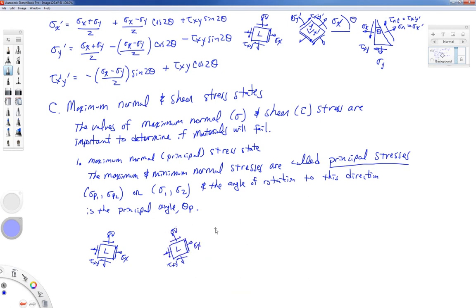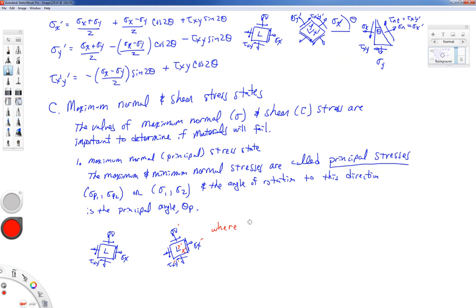So there's some x prime, y prime coordinate system that we can find where instead of sigma x prime and sigma y prime, we have sigma p1 and sigma p2.